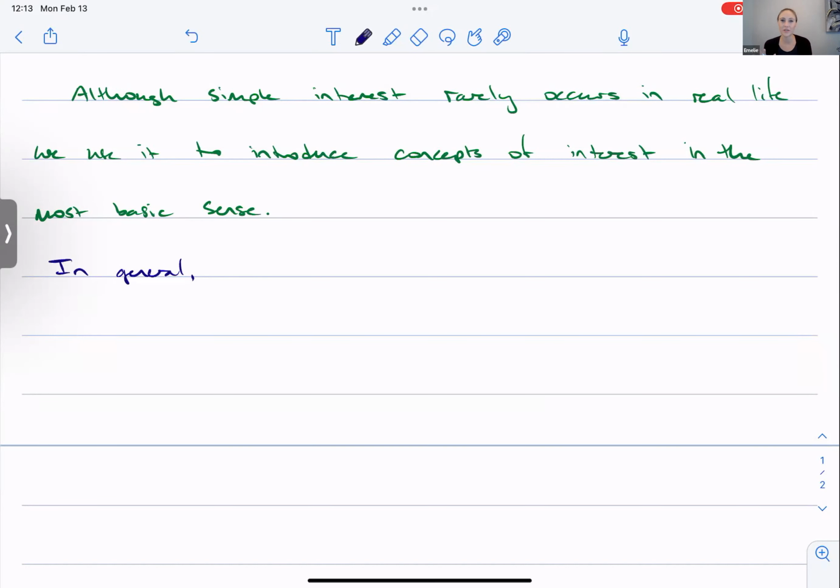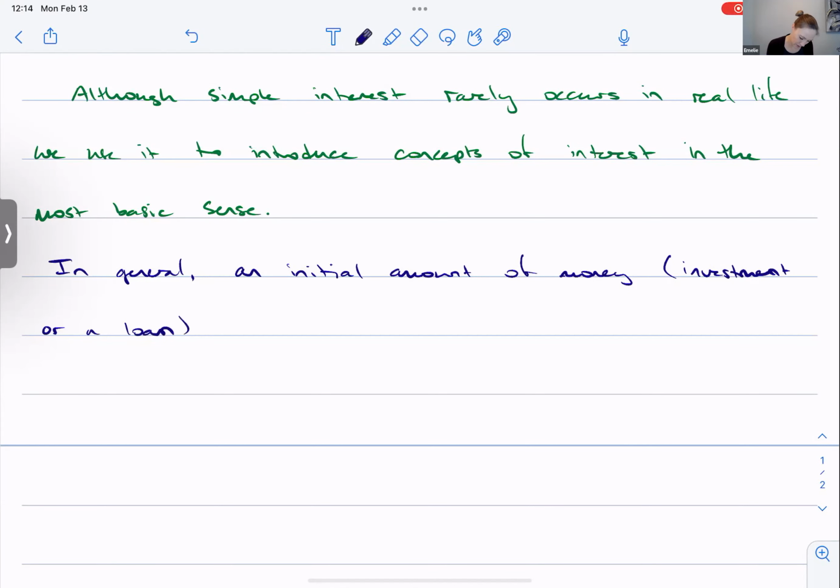So in general, an initial amount of money, which can be an investment or a loan. And that just determines which direction the money is going, but the amount will be the same. So an initial amount of money called the principal or the present value.